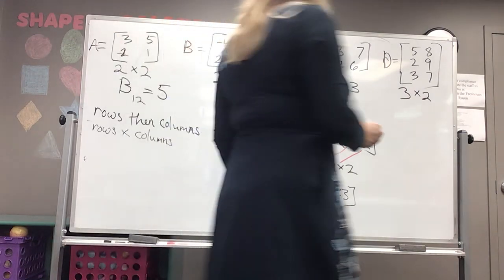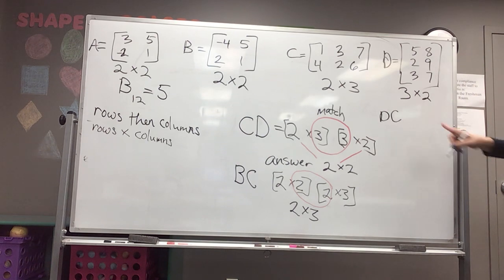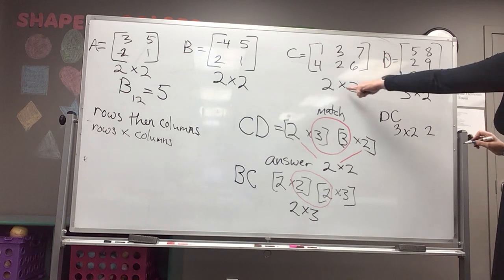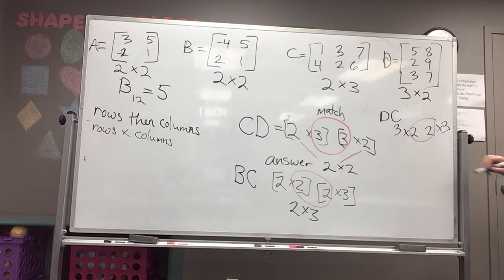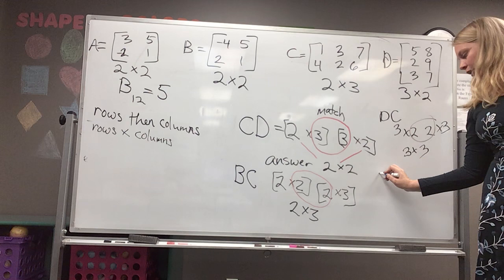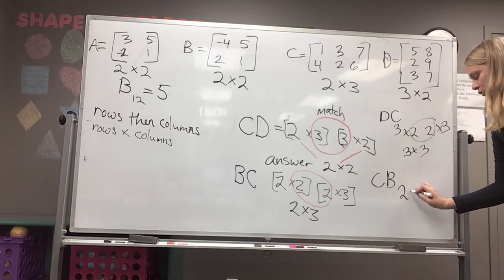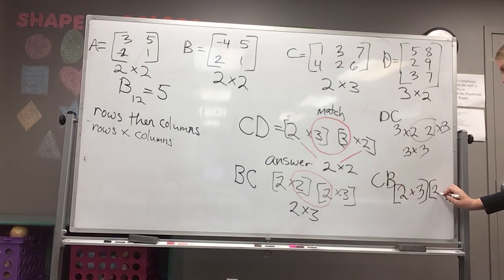If we were to instead do matrix D times matrix C, now it's going to be 3 by 2 times 2 by 3. The inner dimensions match, but our answer would be 3 by 3 instead. And with BC, if we change the order, we would have CB. C is 2 by 3. B is 2 by 2.